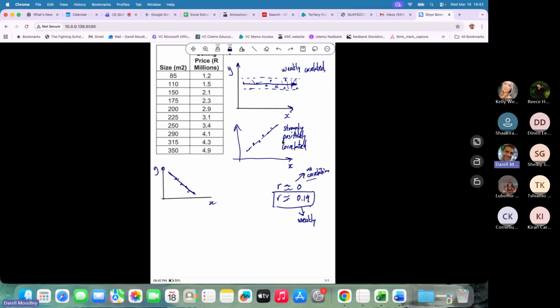So here, it may be negatively correlated, but it's strong because the line is very close to the points. So it's strong, negatively correlated.